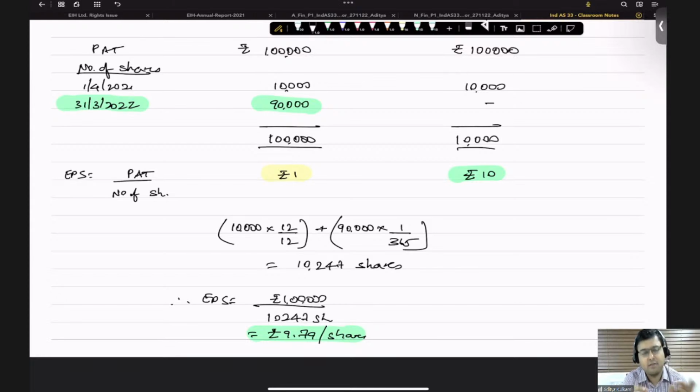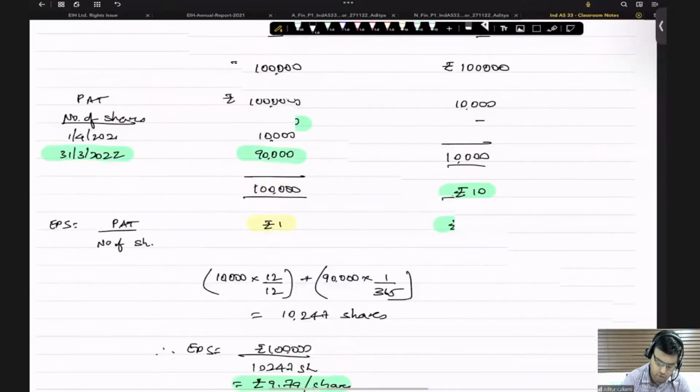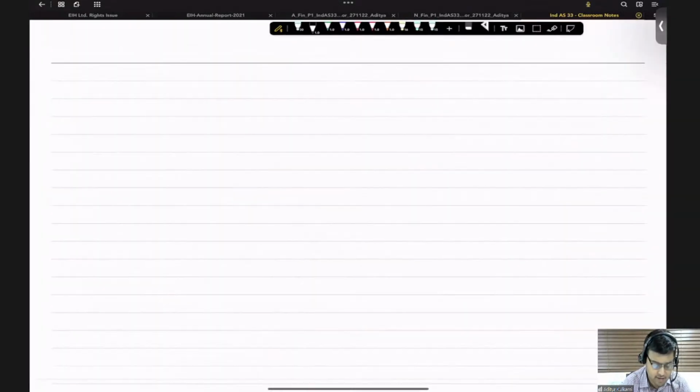In the other case, 10,000 was there for the entire period, but 90,000 came into existence only on the last day. That means whatever profit I have generated on account of those 90,000 shares coming into the capital structure was generated only for one day out of the entire 365 days. And that is why we will have to do a weighted average working for equity shares. Is it okay? Yes. Okay.